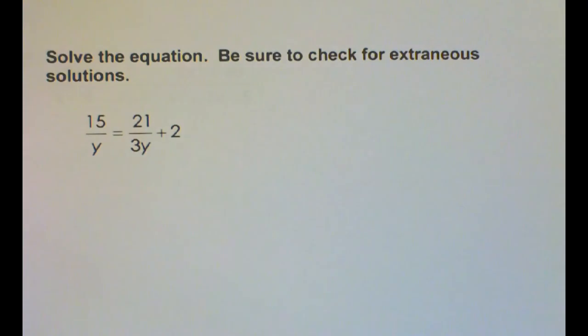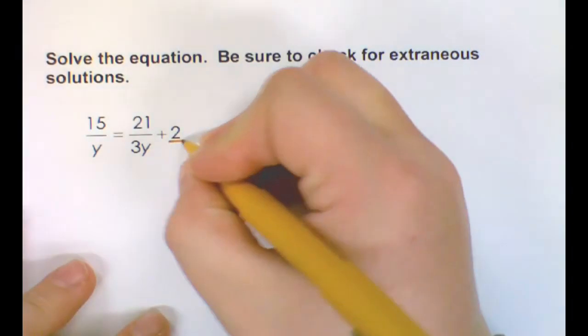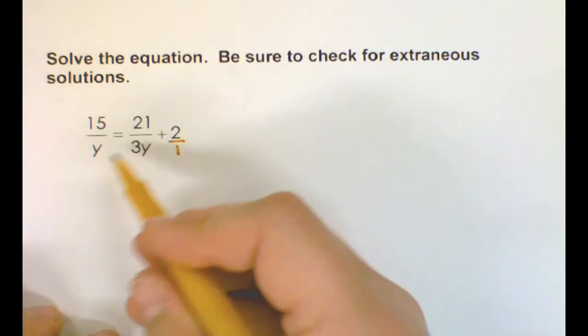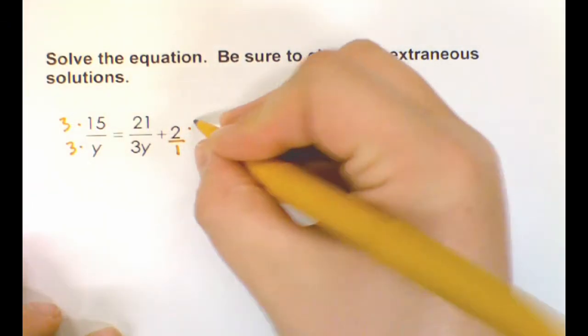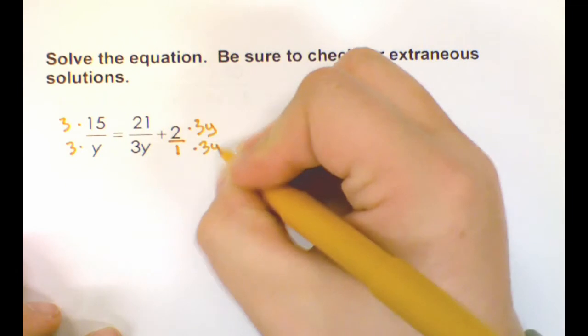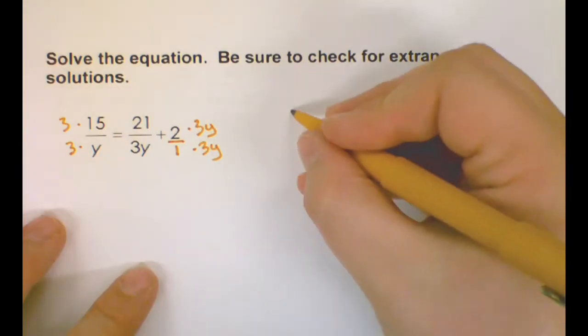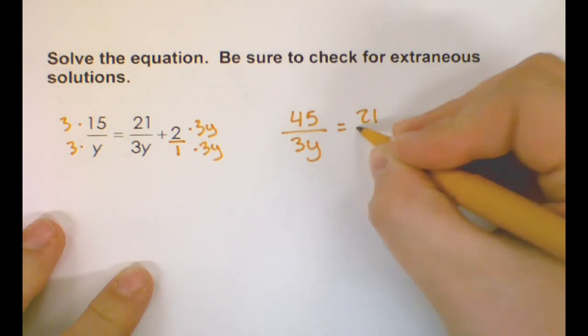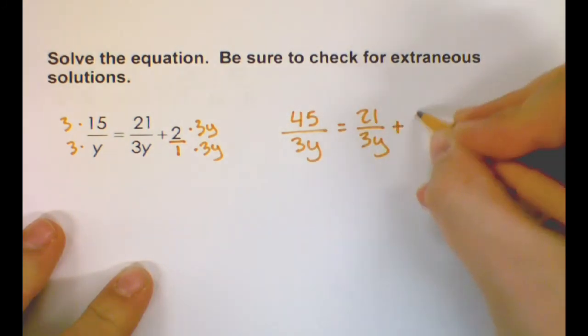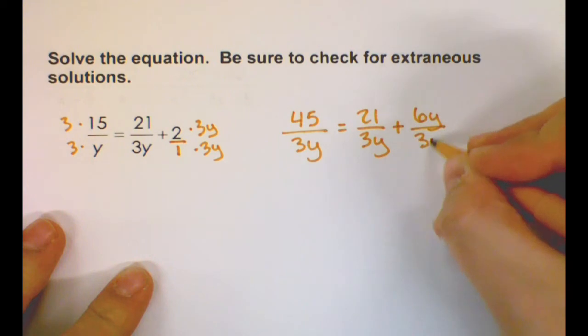So let's solve our problem. On these problems, I recommend just getting a common denominator on everything. So my 2 is originally over 1. I see that I can make all of those denominators a 3y. Multiply the first one by 3, second one's good, third one should be multiplied by 3y. So I now have 45 over 3y equals 21 over 3y plus 6y over 3y.